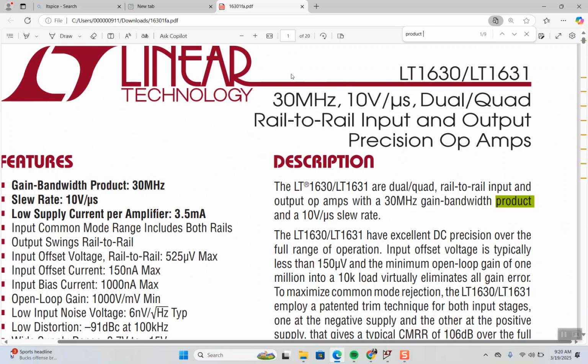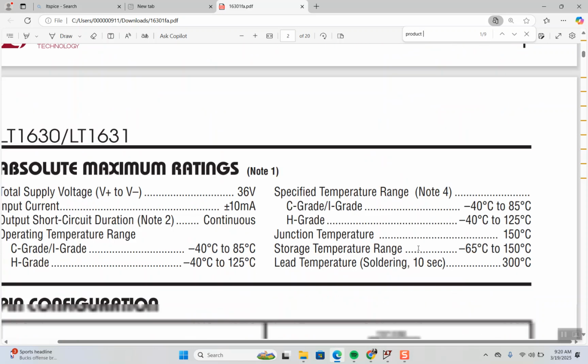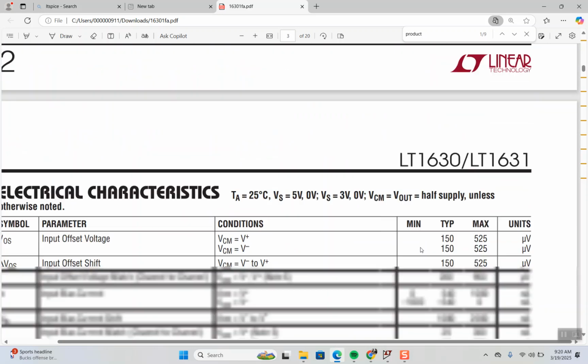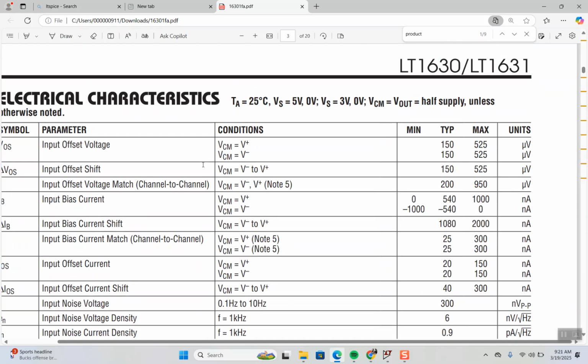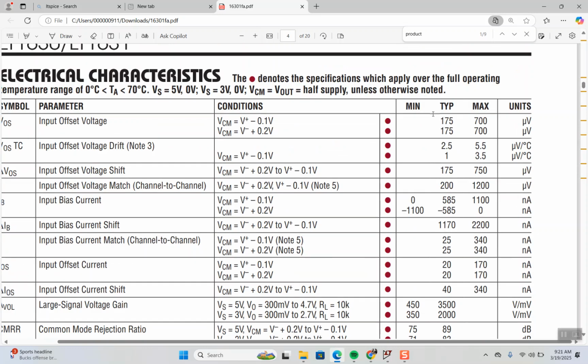All right. I'm trying to find product note 7. But here's the thing. Here are the conditions, 25 degrees Celsius, supply, various supplies, right? They're telling you how they tested it, right?